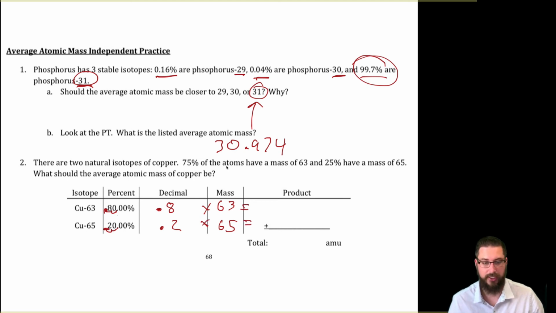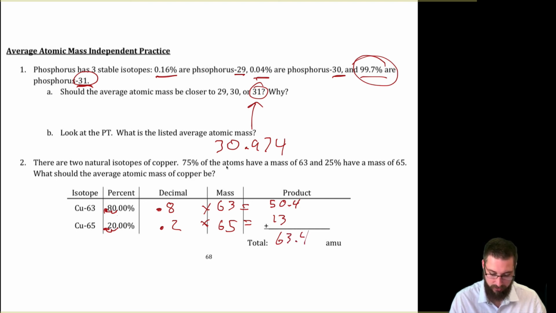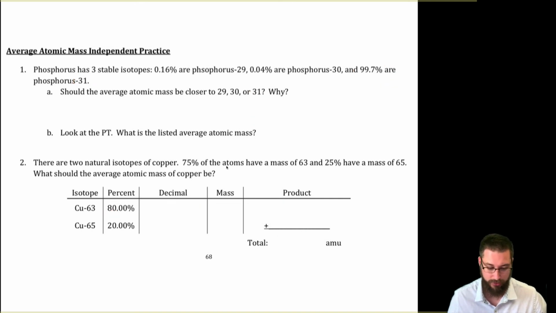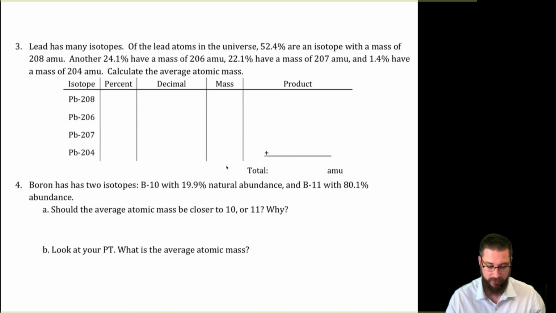Let's go ahead and do that. And after you're done, you just add them together. And there's your average. It's really very easy once you understand the process. You take the decimal, you multiply by the mass, and you add them together. It's just that simple.